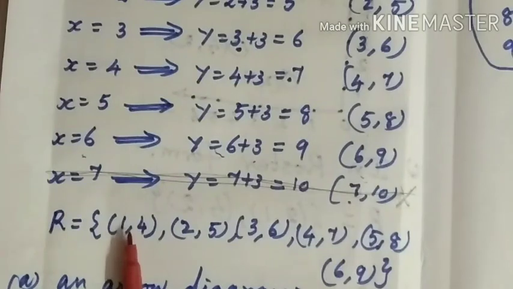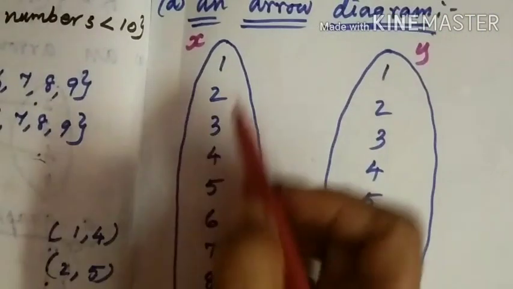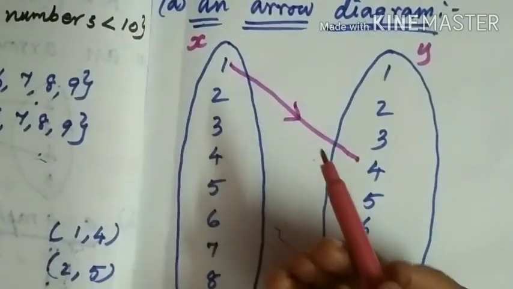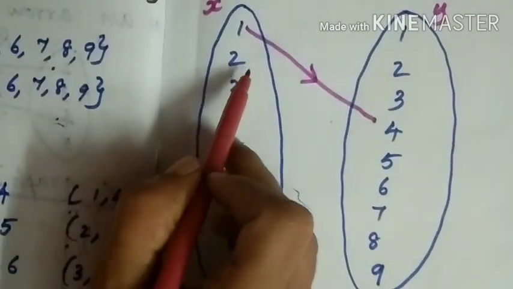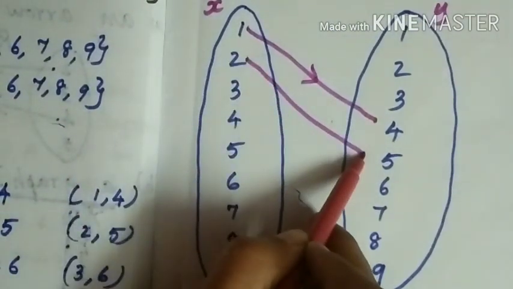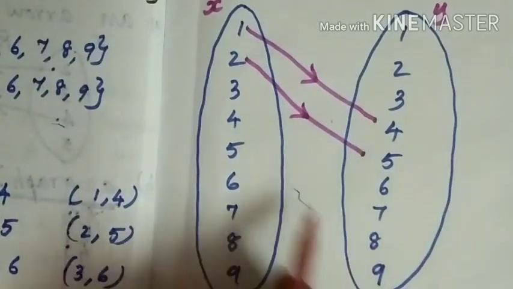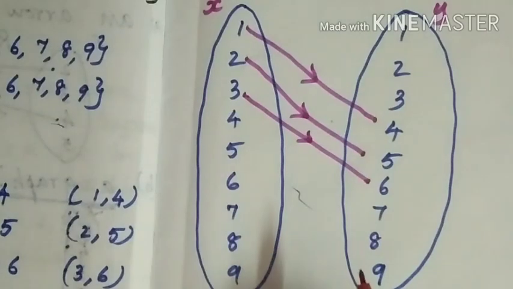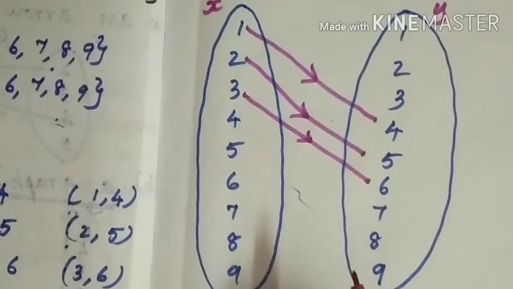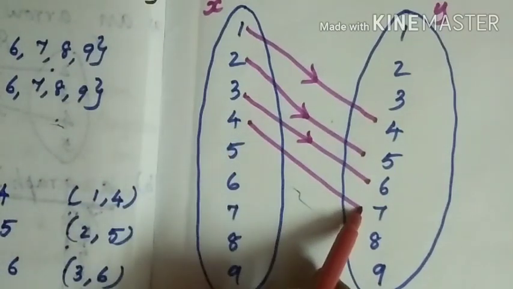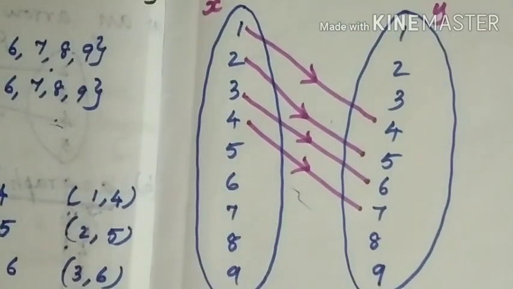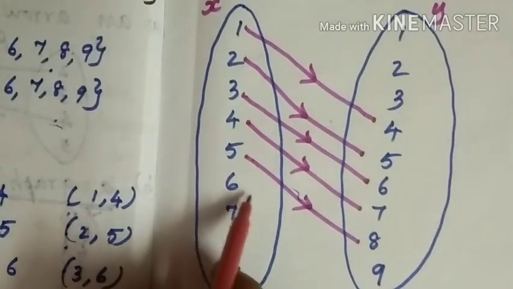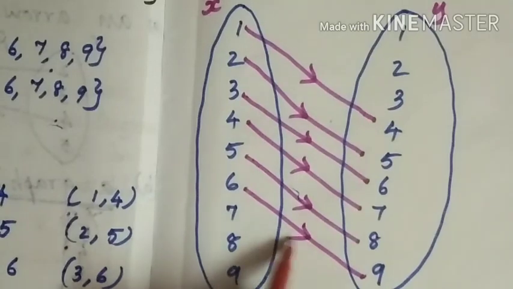Okay, first ordered pair (1, 4), then 1 is related to 4, then (2, 5), 2 is related to 5, then (3, 6), 3 is related to 6, then (4, 7), 4 is related to 7, (5, 8), 5 is related to 8, then (6, 9), 6 is related to 9.